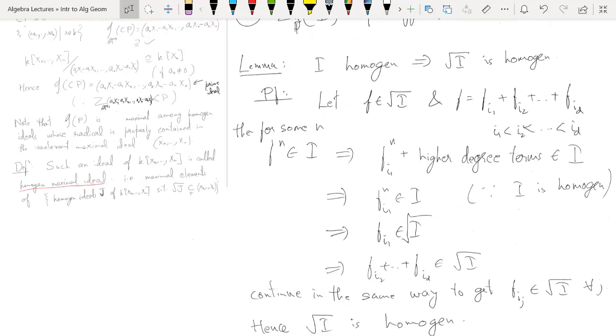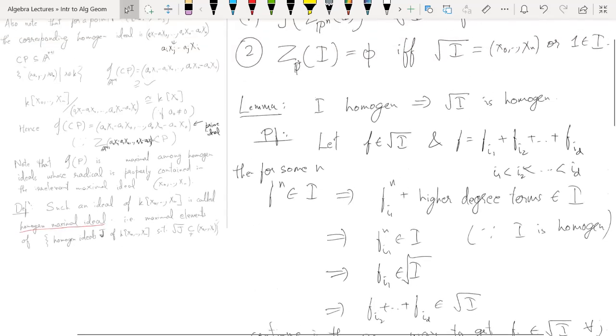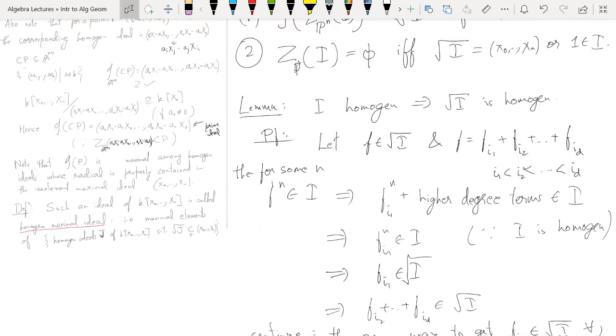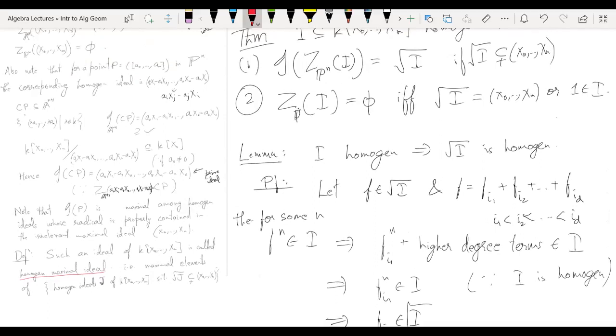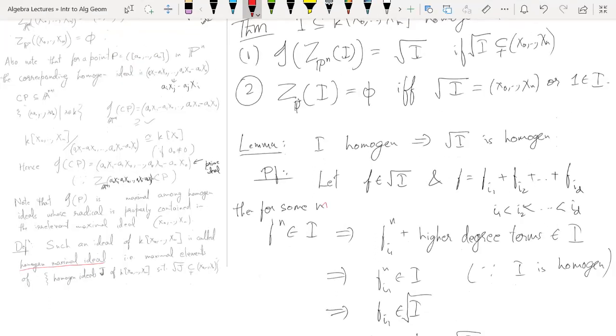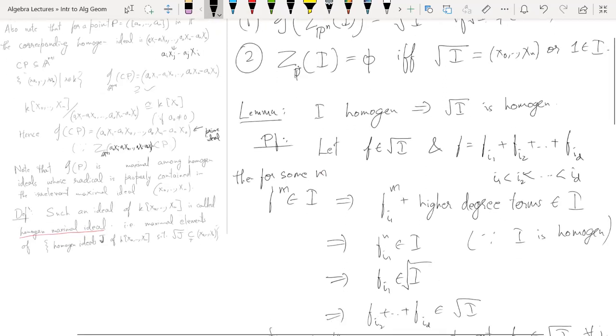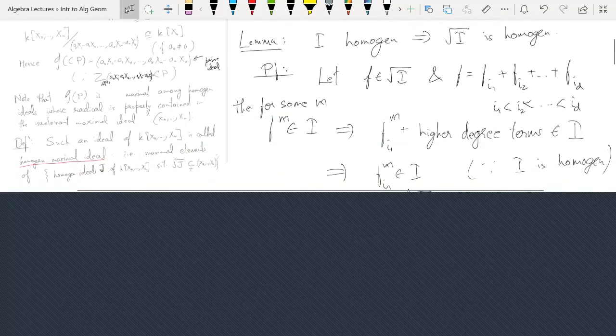Now f belongs to the radical of I means f^n belongs to I for some n. This n and that n might confuse, so I'll put m. Projective space is also Pn.